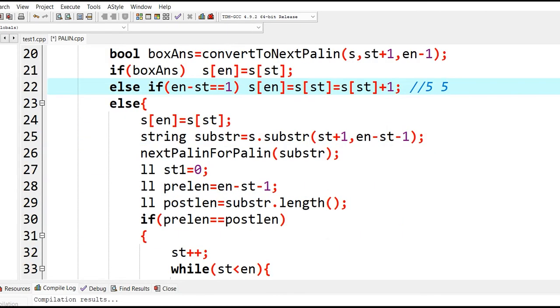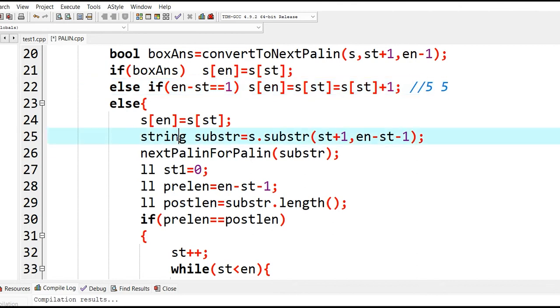Or otherwise, as we discussed, if the inner string remains the same, then also we actually reduce the second value to the first value, and we try to increase the inner palindrome string to its next palindrome.